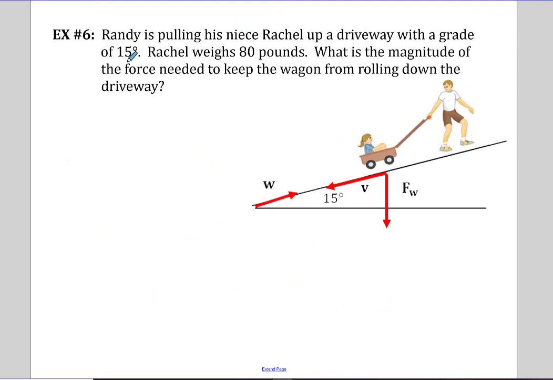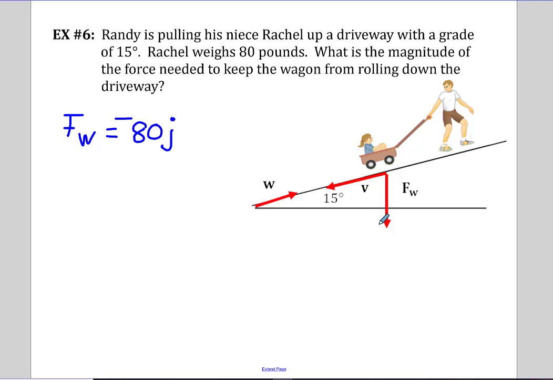Here's an easy physics problem. Let's say Randy is pulling his niece Rachel up a driveway with a grade of 15 degrees, and Rachel weighs 80 pounds. We want to know what the magnitude of the force is needed to keep the wagon from rolling down the driveway. So the force of her weight is 80 pounds, and it's going in the y direction, so that would be negative 80j.